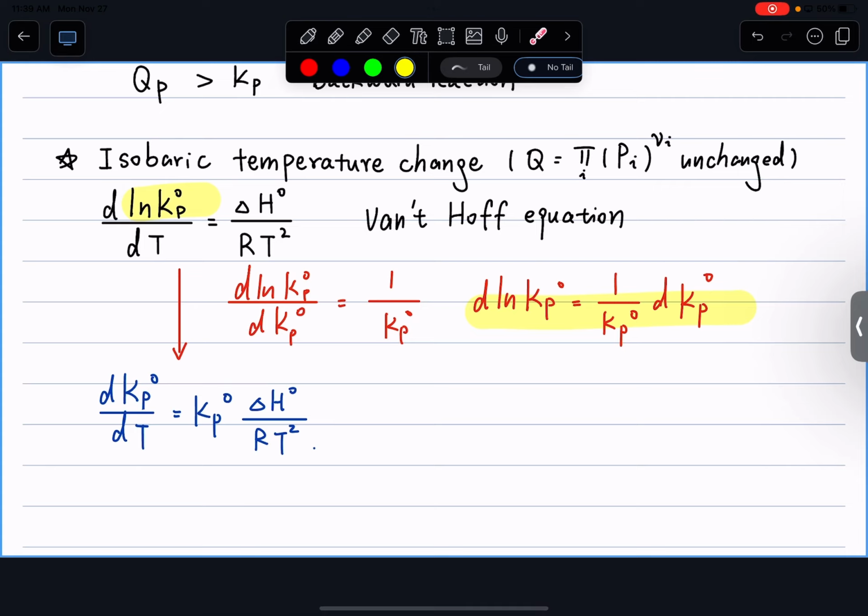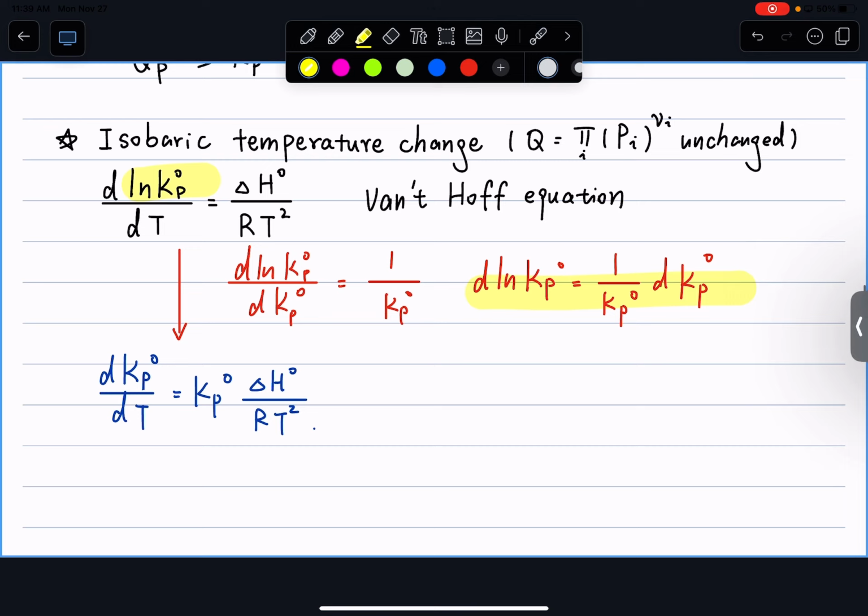From here, there are several pieces of information we know. For example, our equilibrium constant comes from a logarithm function, so it's always going to be positive. Your R and T squared will always be positive. So these are all positive.